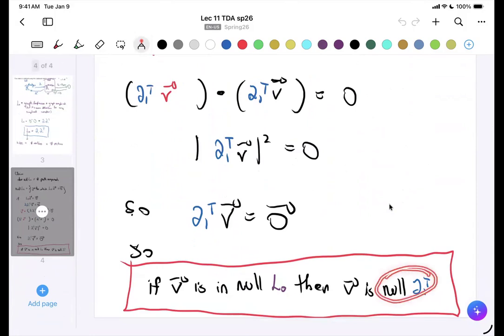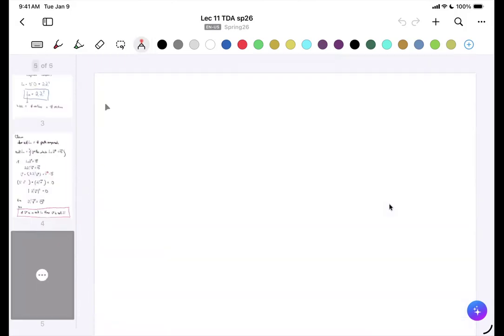And if I can show that the null space of this matrix is basically the number of path components, that is more or less all that I need to know, because this is already contained in this other one, because this matrix is a product of the one with the one transpose. So essentially, all that I need to do next is understand the transpose of this matrix, the one. Okay, so my goal now is to understand.